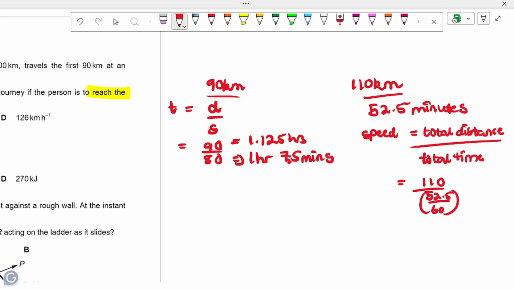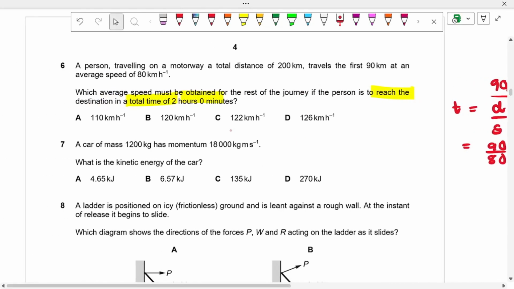We roughly get 125.714 approximately. That's 126 kilometers per hour. And my answer is going to be D. Okay, hope that makes sense.